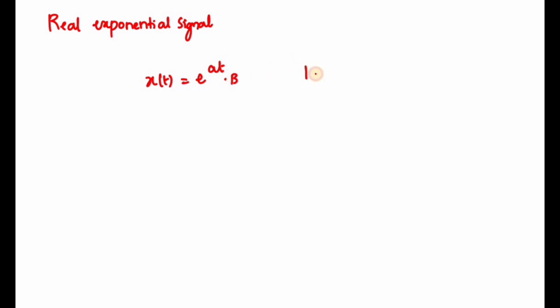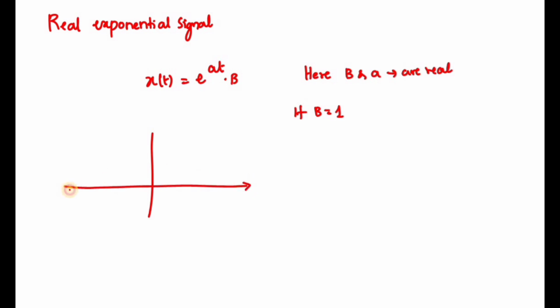If I consider b equal to 1, and both a and b values are real, and a is positive, that is a greater than 0, we will get the signal like this.